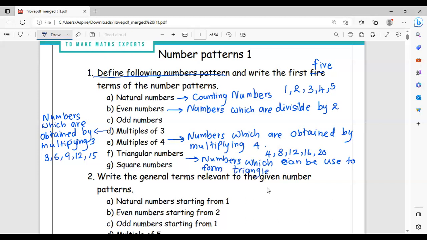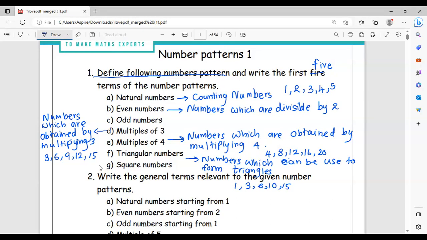Then, what are the triangular numbers? Can you remember the triangular numbers? 1, 3, 6, 10, 15 are the triangular numbers.